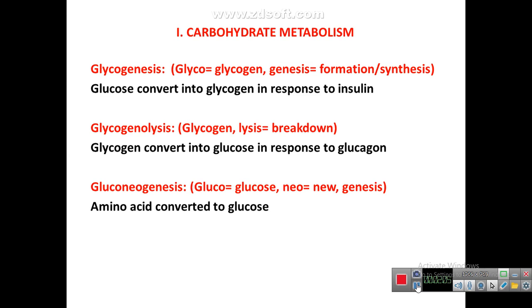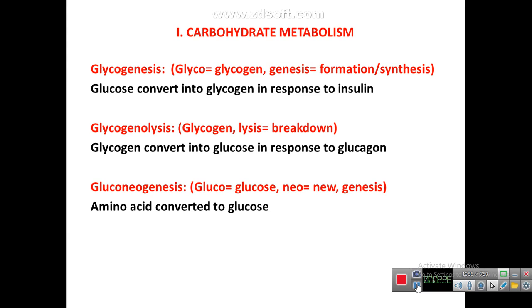If the body again needs energy, the process that occurs is known as glycogenolysis, a combination of two words, glycogen and lysis. Lysis means breakdown. The glycogen will again convert back into many units of glucose in response to the hormone glucagon.